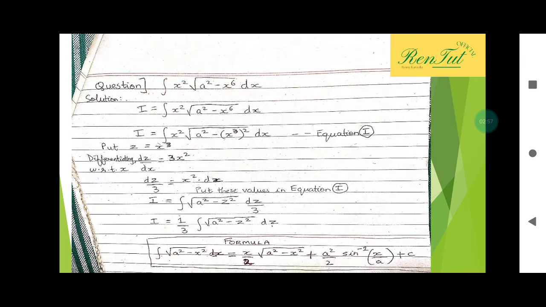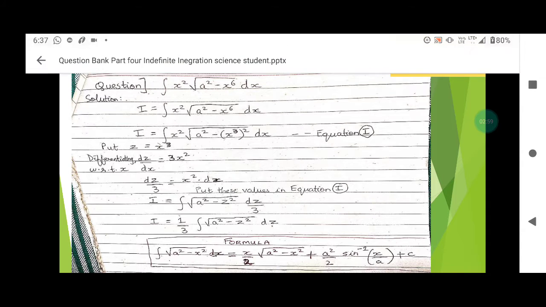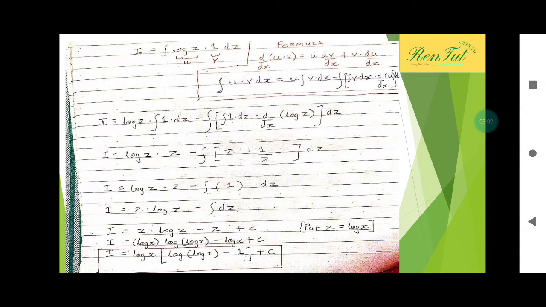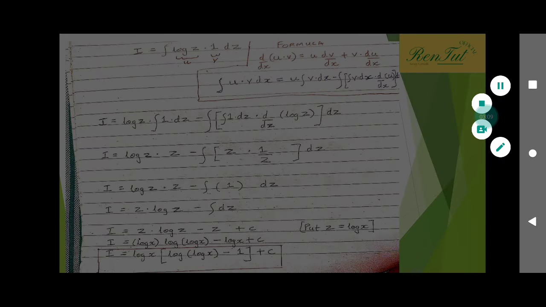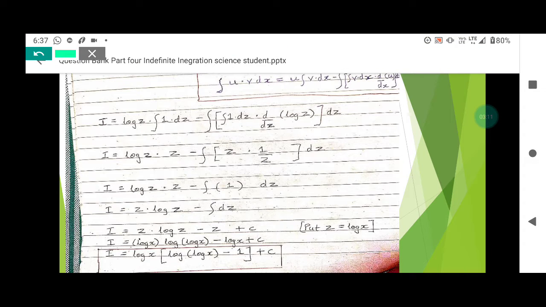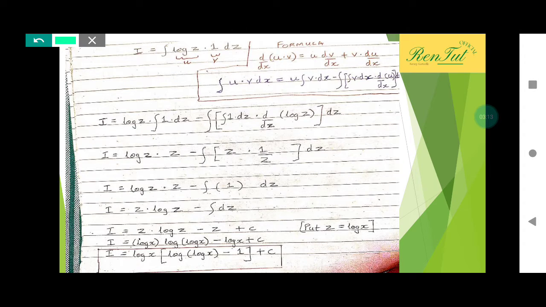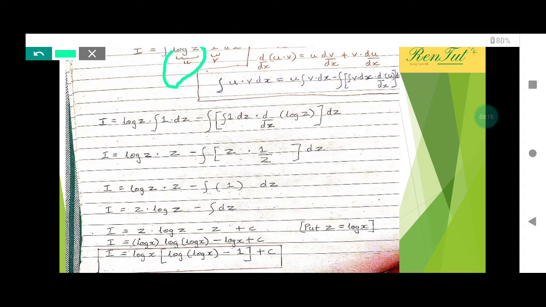Now proceeding ahead, you see the log z and the 1 out here. Log z is u, and 1 is v. So we have to take the integration of u into v into dz.